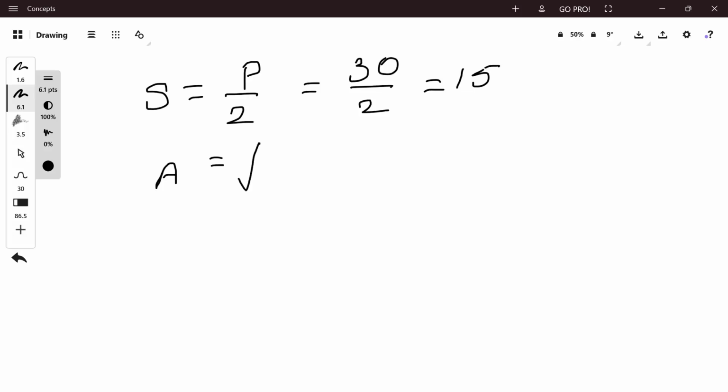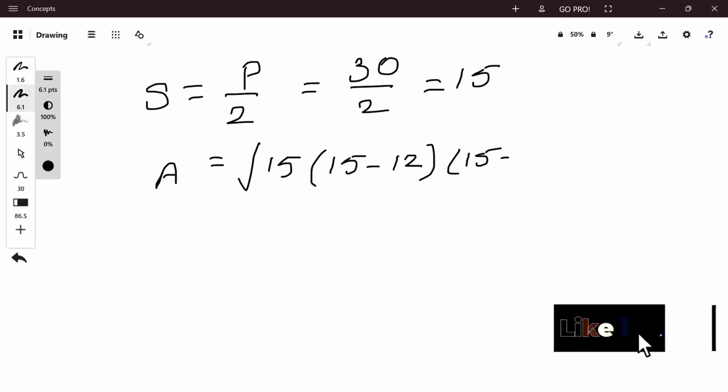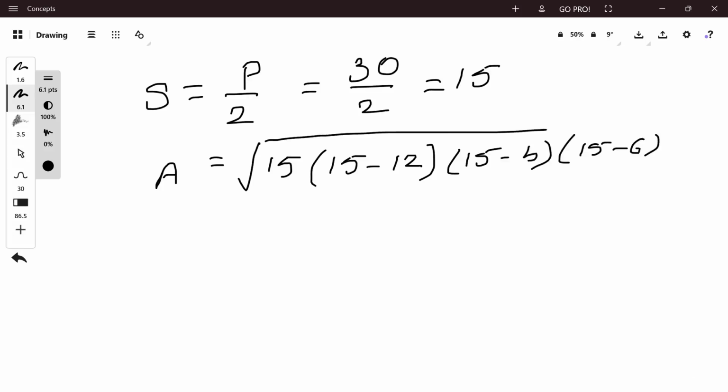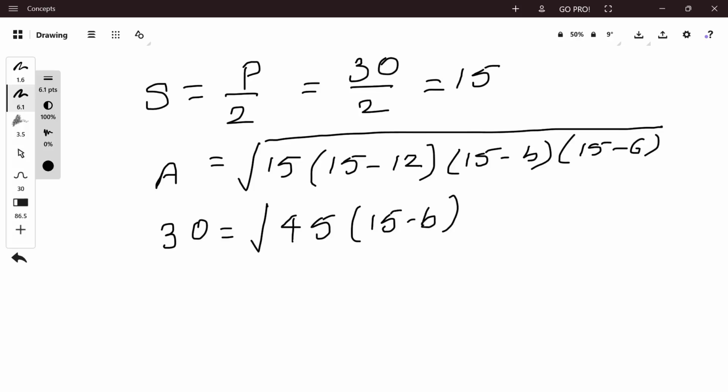A is equal to root of s(s minus a)(s minus b)(s minus c), that is 15, 15 minus 12, 15 minus b, 15 minus c. So 30 is equal to root 45(15 minus b)(15 minus c).